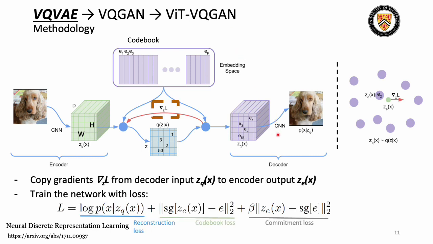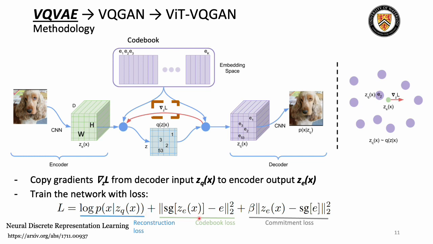The training involves copying gradients from the decoder input z_q(x) to the encoder output z_e(x). This allows for gradient flow despite the non-differentiability of the discrete latent space. The loss function used to train the network consists of three parts. The first one is the reconstruction loss, which measures the difference between the original image and the reconstructed image.